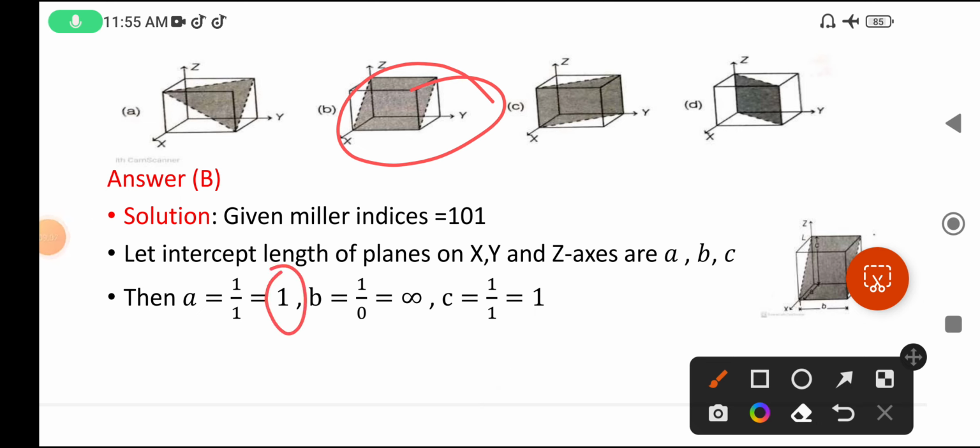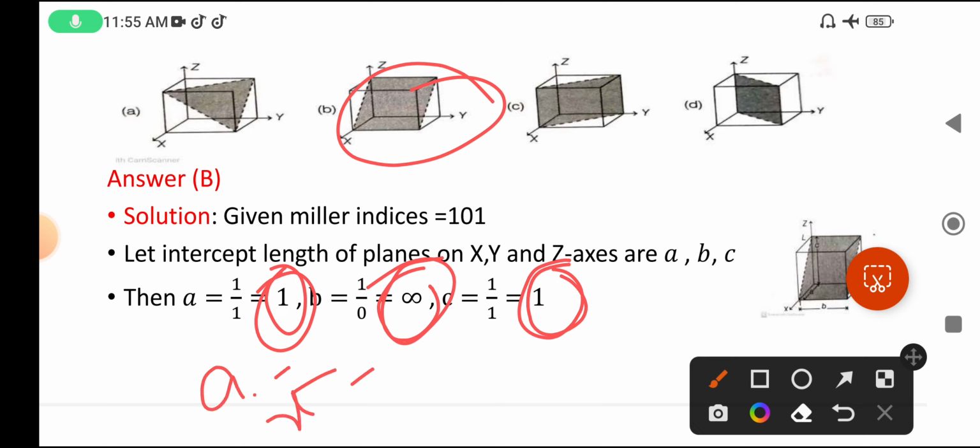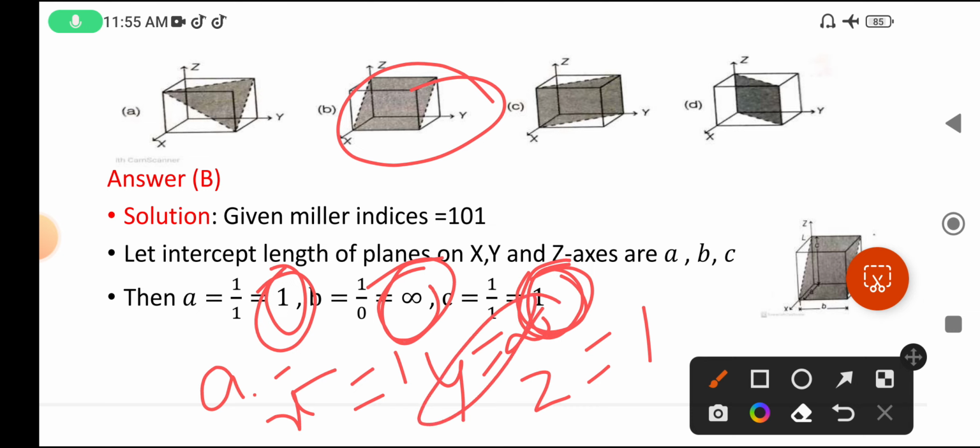So the plane intersects the x axis at 1 unit and the z axis at 1 unit. B equal to infinity means it is not intersecting the y axis; it is parallel.